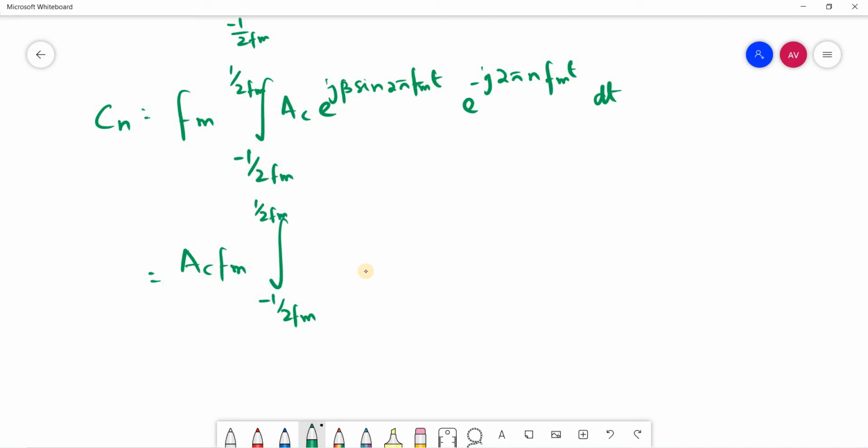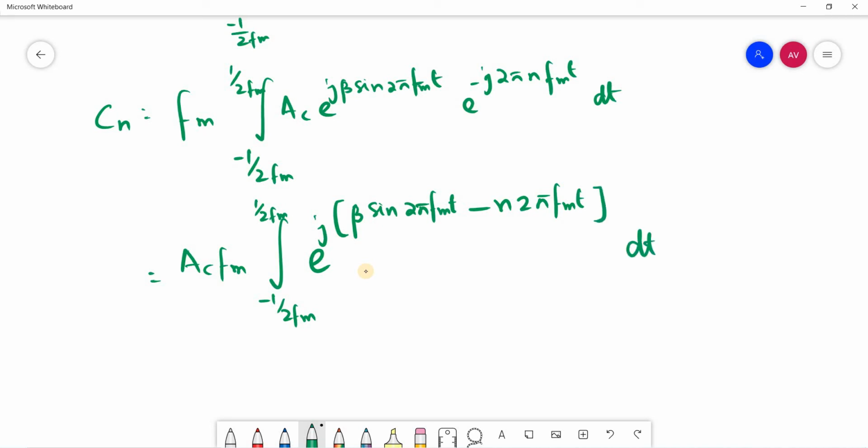So we have e power j something times e power minus j something, and I can take that common: e power j times beta sine 2 pi Fm t minus n times 2 pi Fm t, dt.